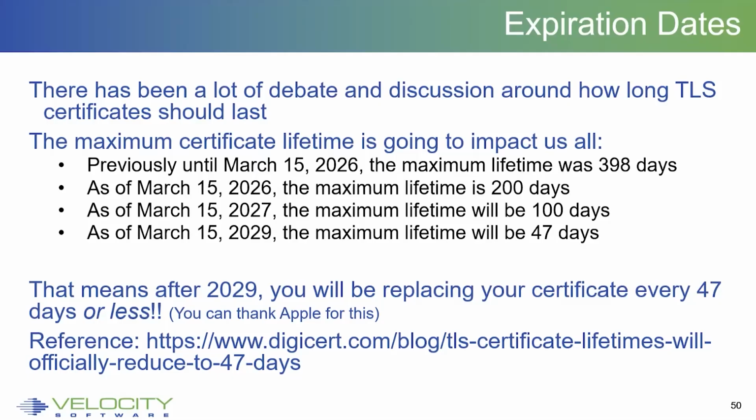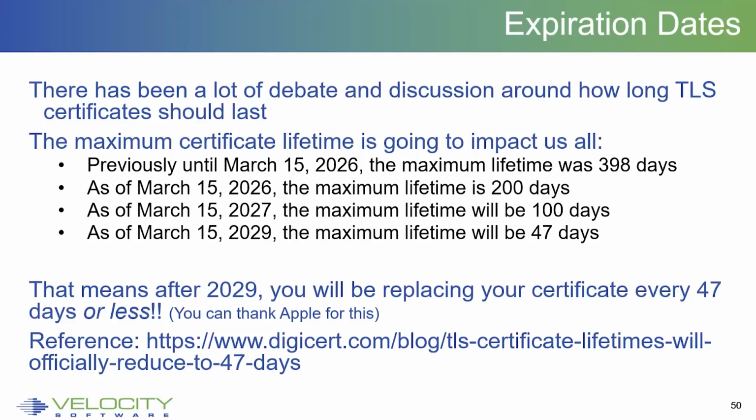As of March 15th of this year, you can only define a lifespan of 200 days. In 2027, it'll only be 100 days. In 2029, 47 days. That means after 2029, you will be replacing your certificate every 47 days or less, pretty close to about every month, about a month and a half.